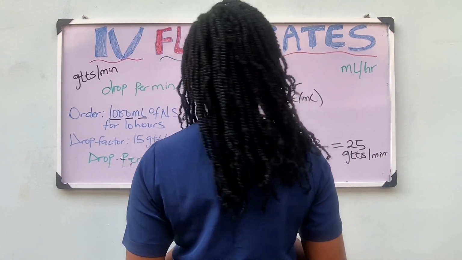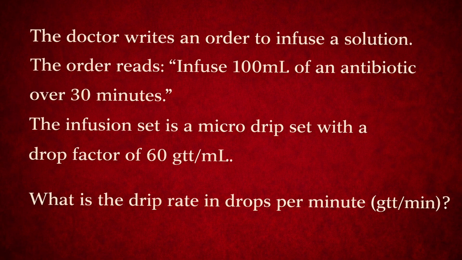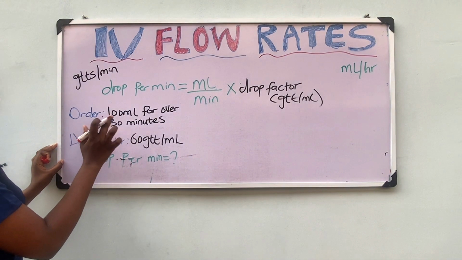All right, so we're going to take our next question. The doctor writes an order to infuse a solution, and the order reads: infuse 100 mL of an antibiotic over 30 minutes. This infusion set is a micro drip set with a drop factor of 60 GTT per mL. Our question says, what is the drip rate in drops per minute? From our figures, we see 100 mL over 30 minutes.